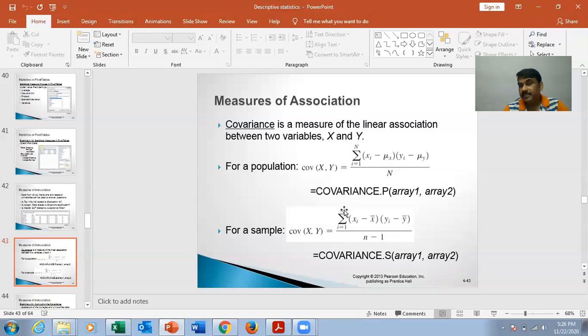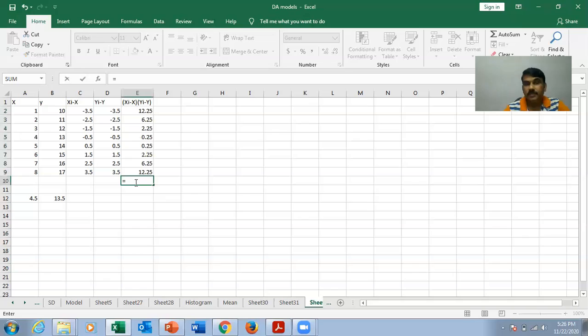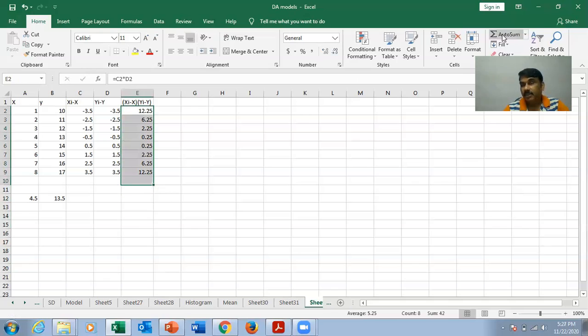So we need a summation of both the series. I can directly use the AutoSum symbol on your Excel sheet, the summation symbol. Now we'll get the value 42.